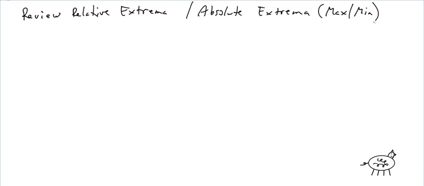Then, of course, you have relative extrema, which I actually have to say, give me the relative extrema or give me the local extrema. That's another word I believe that the book uses. So just a quick review here.